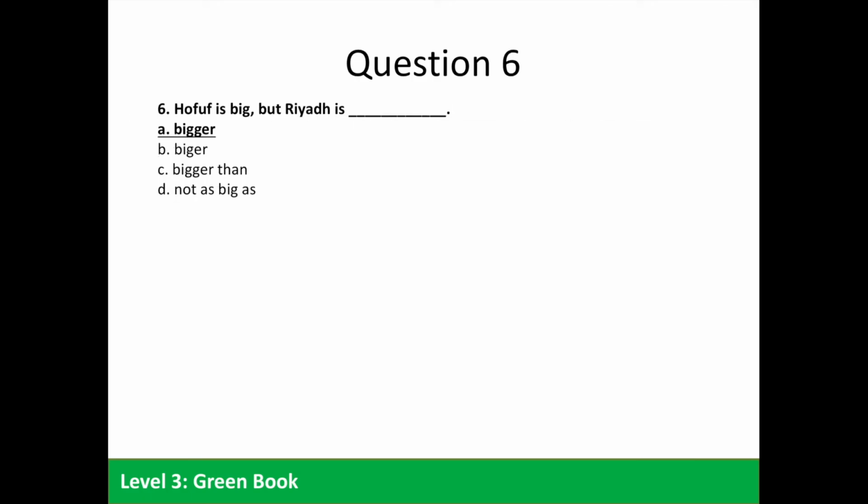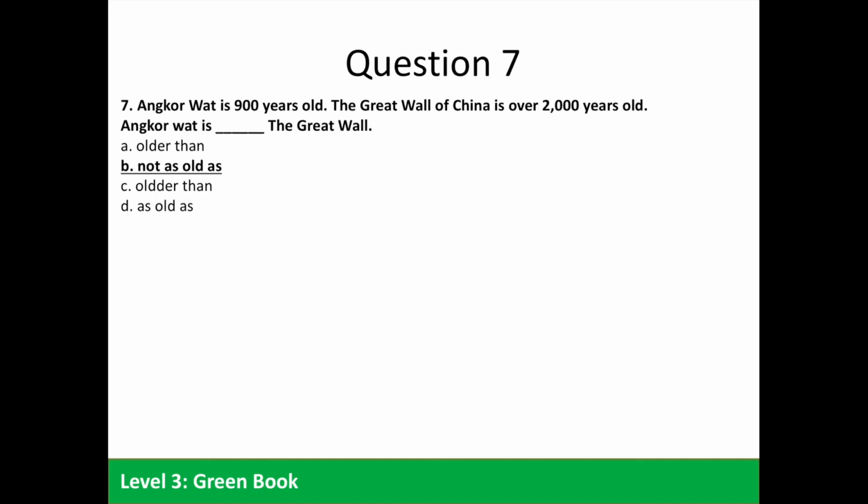Question 6. Hofuf is big, but Riyadh is blank. Again, here, we know using the comparative, we have big, which is consonant, vowel, consonant. So we need to double the G and add ER. Because we know the comparison, we don't need than, so A is the correct answer. Question 7. Angkor Wat is 900 years old.